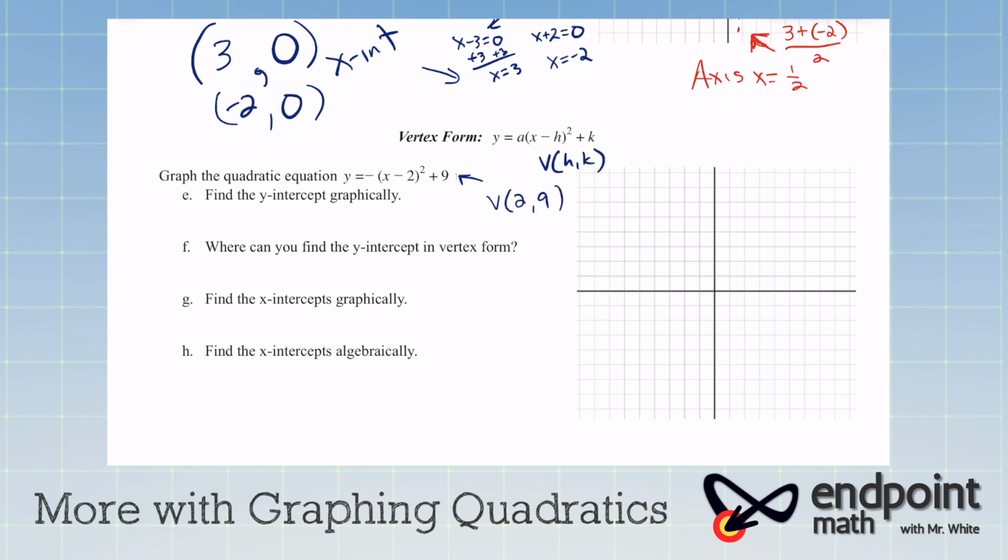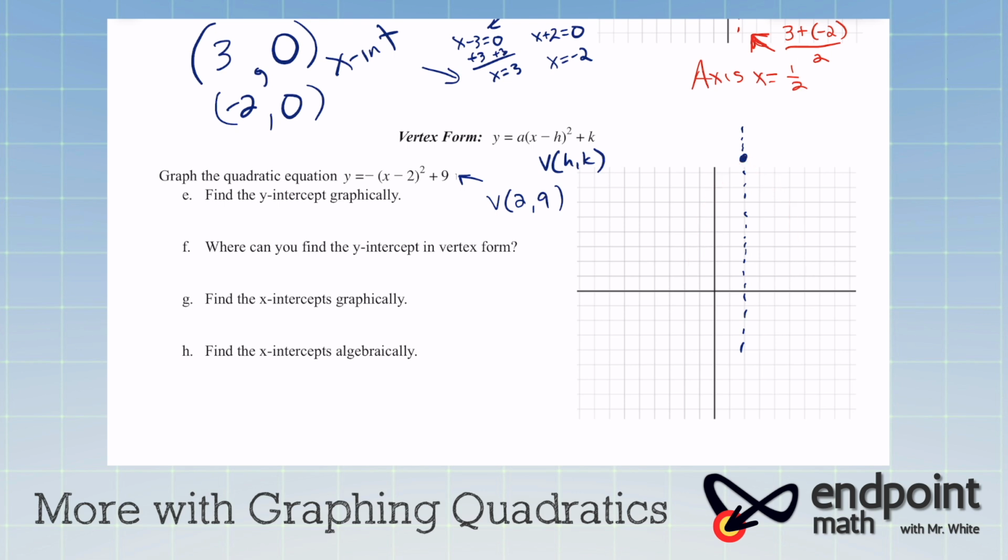So I'm going to go over 2 and up 9, which is all the way up here. Then I know that the axis of symmetry is in the middle of the graph. I also know that this opens down because of the minus sign in the front, so it's a U-shape like this.